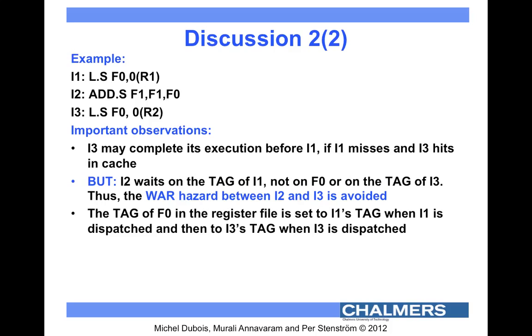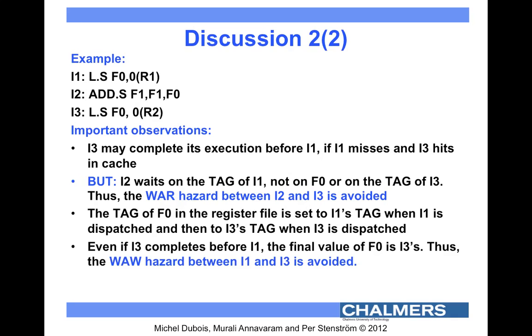The tag of F0 in the register file is set to I1's tag when I1 is dispatched, and then to I3's tag when I3 is dispatched. And even if I3 completes before I1, the final value of F0 is I3's. Thus the write after write hazard between I1 and I3 is also avoided.